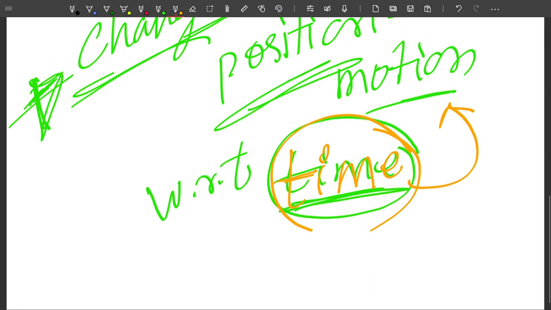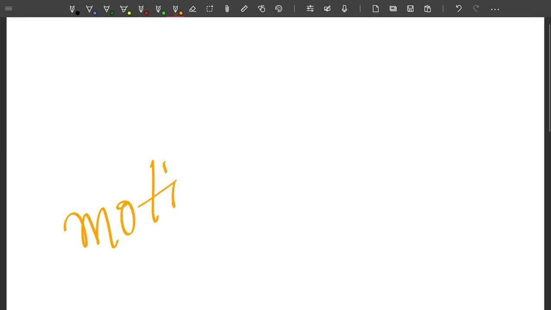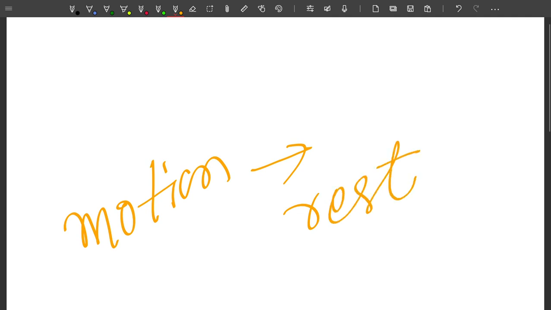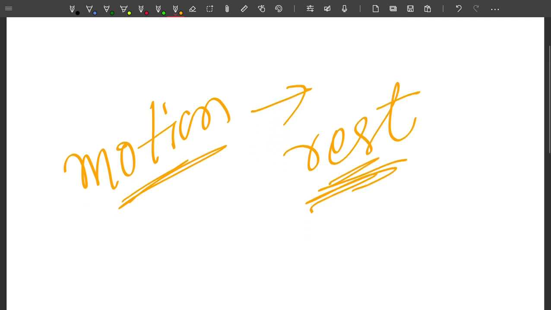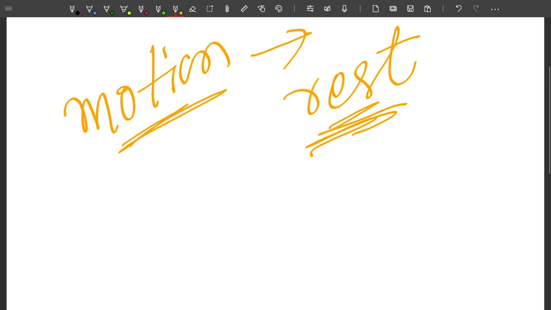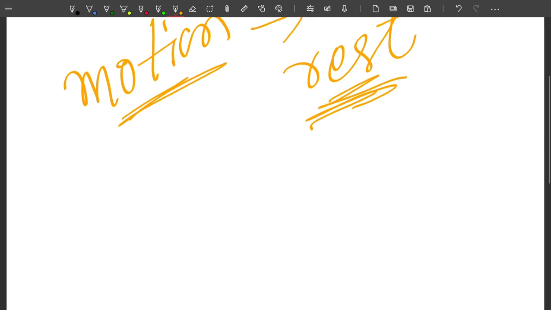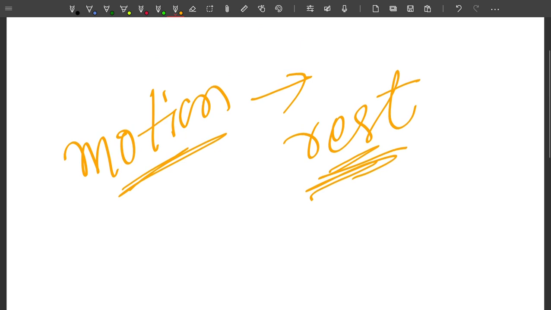As a general person, some curiosity may come to your mind: if I'm talking about motion, there may be a word called rest. Something is moving, it means it was at rest or it will come to rest, right? Because there are many other physical activities going on in the environment, nothing is unending.